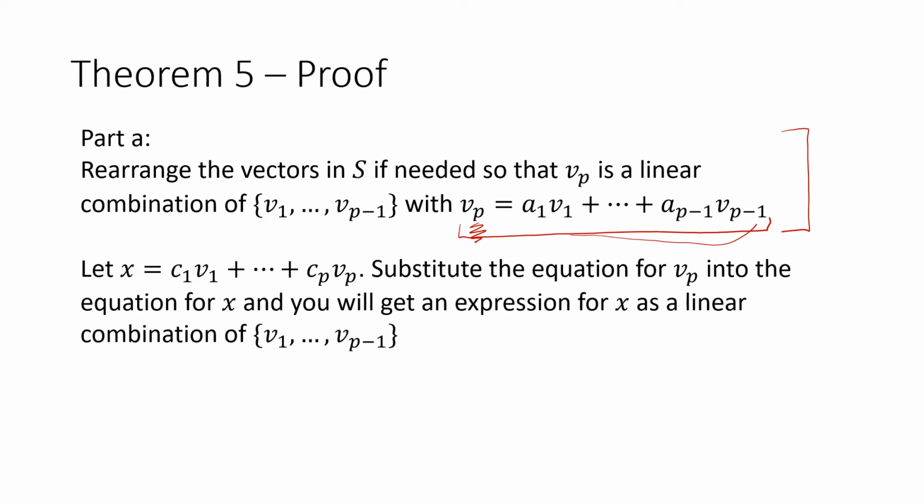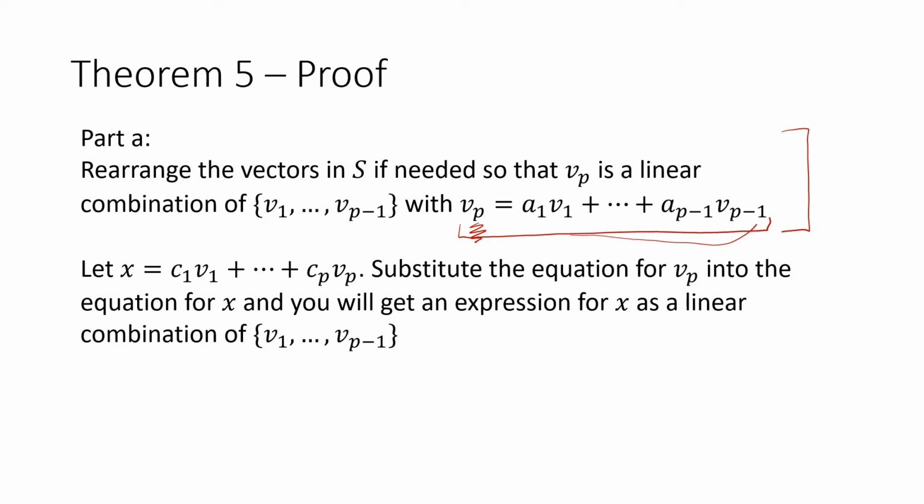Now, what we're trying to show is that the span of the big set is the same as the span of the smaller set, the smaller set being where you drop that last vector. So how do you say that the span of something is the same? Well, what's the span? The span of a set of vectors is all of the linear combinations. So to say that the spans are the same, we're going to show that if we can build it from the bigger set, we can also build it from the smaller set.